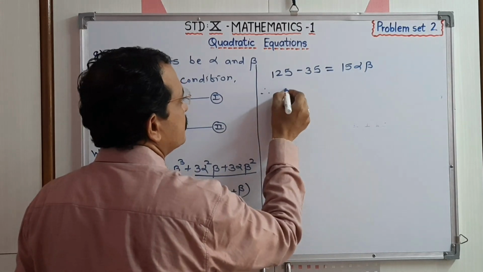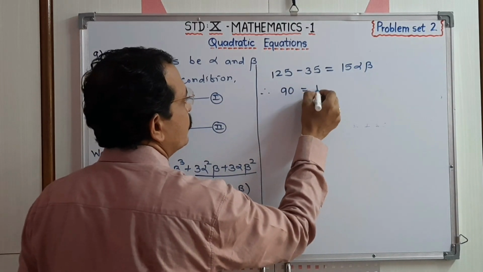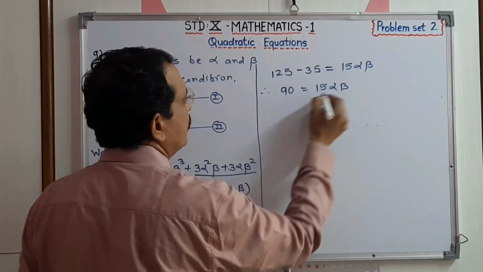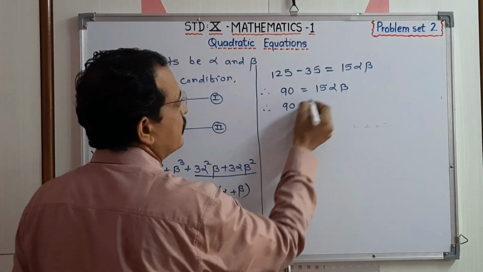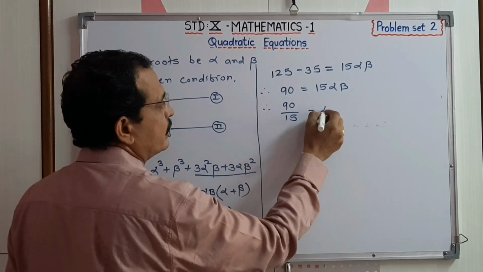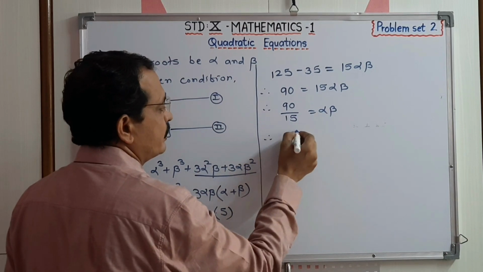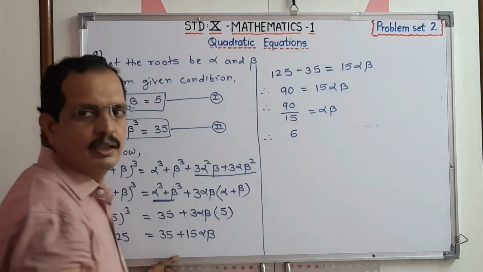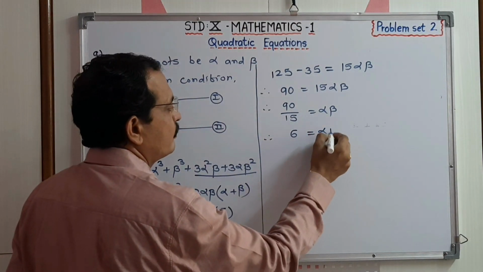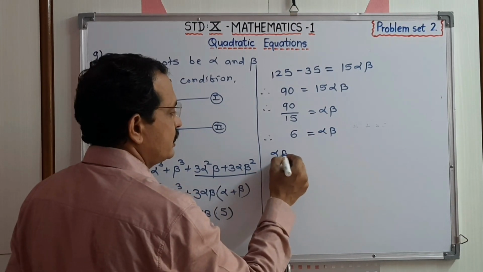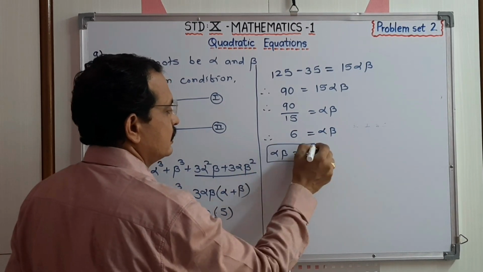Now here it is 90 is equal to 15 alpha beta. Therefore, taking 15 across, alpha beta is 90 divided by 15. 15 sixes are 90, therefore alpha beta is equal to 6.